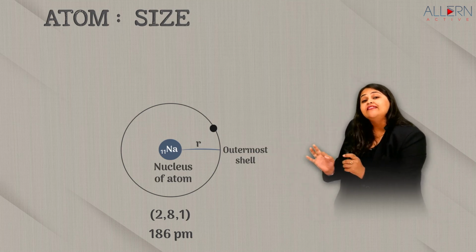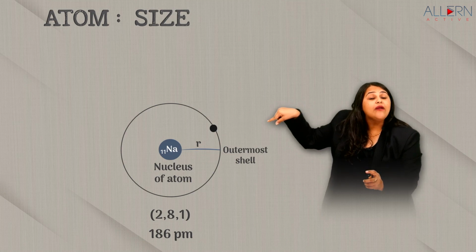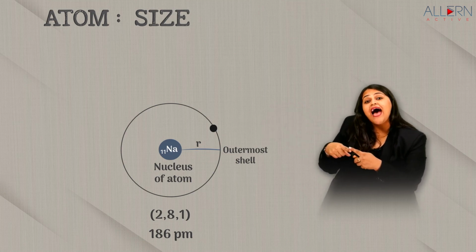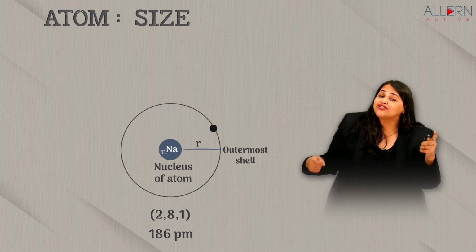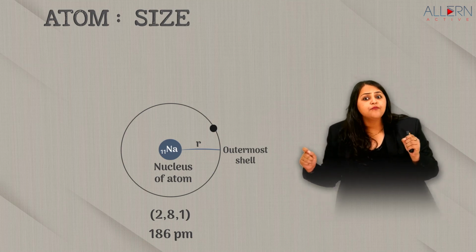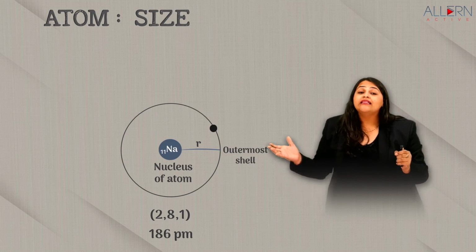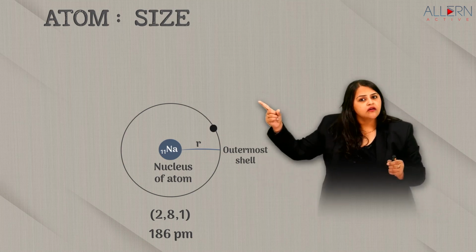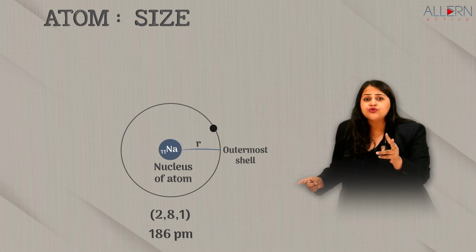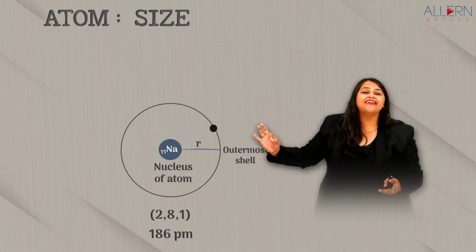So, when you take the distance between the center of the atom and the last shell, or the outermost shell, of the atom, that provides you with the radius, right? Now, this radius is of an atom, so should we not call it the atomic radius?